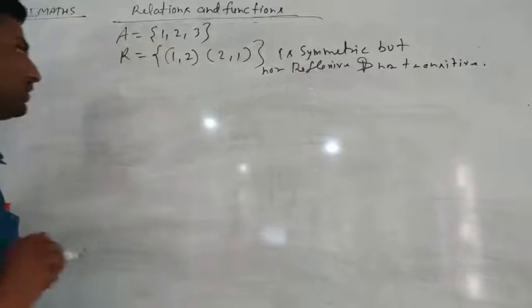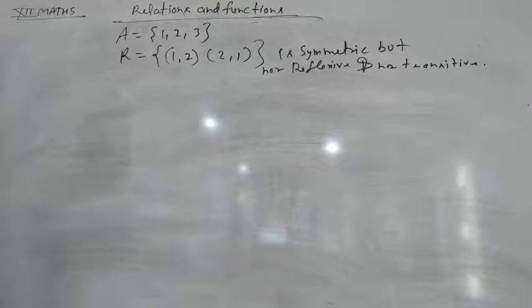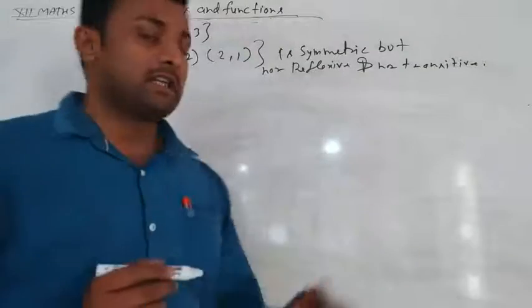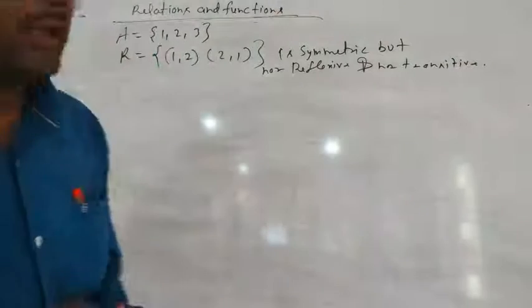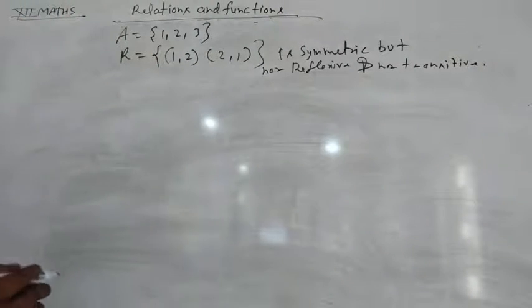Okay students, so this is our question in which we have to prove that the given relation R is symmetric but neither transitive nor reflexive.